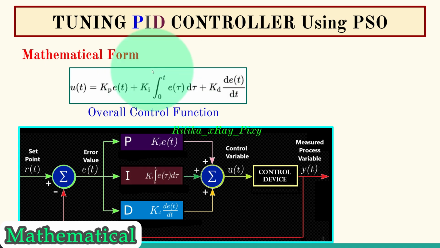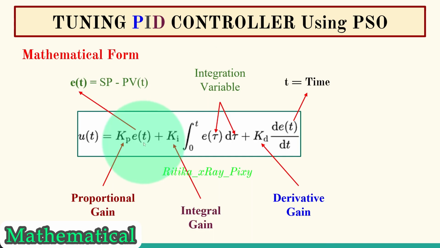Then next you can see the integral term, and the third one is the derivative term. The error value is the difference between the set point and the process variable, Kp is the proportional gain constant, and Ki is the integral gain. And here you can see we have the integration variable, small t, that is the time, and Kd, the derivative gain.